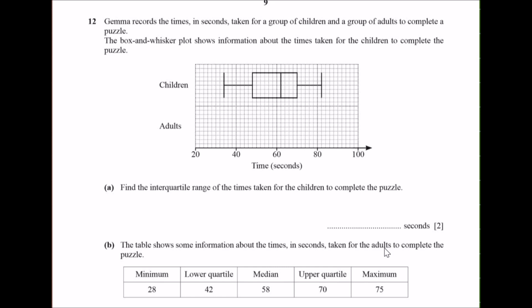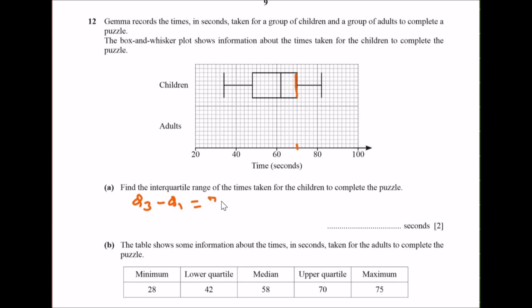As you know, interquartile range is given by Q3 minus Q1, means third quartile minus first quartile. So we will do Q3 minus Q1 is equal to, now we have to find the Q3. Q3, if you see here, this is 70, this line.